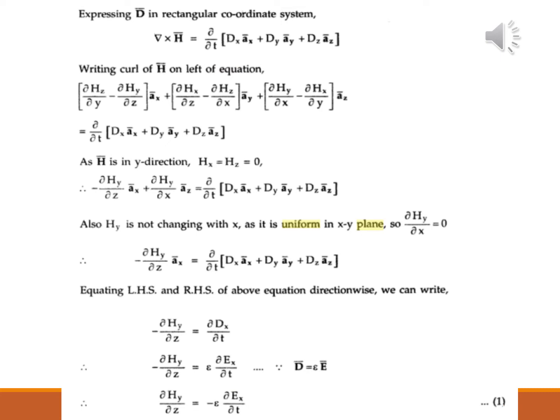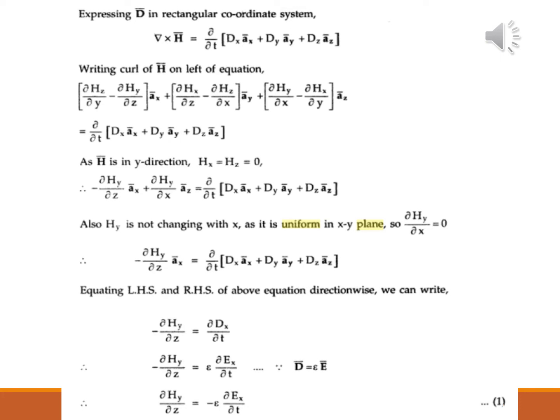Now, how can I write D? D can be written as DxAx plus DyAy plus DzAz in the rectangular coordinate system. And on the left hand side, the term is del cross H. When you write the curl, you'll get an equation as shown in this slide. How do you get this equation? You know how to write the curl, isn't it?